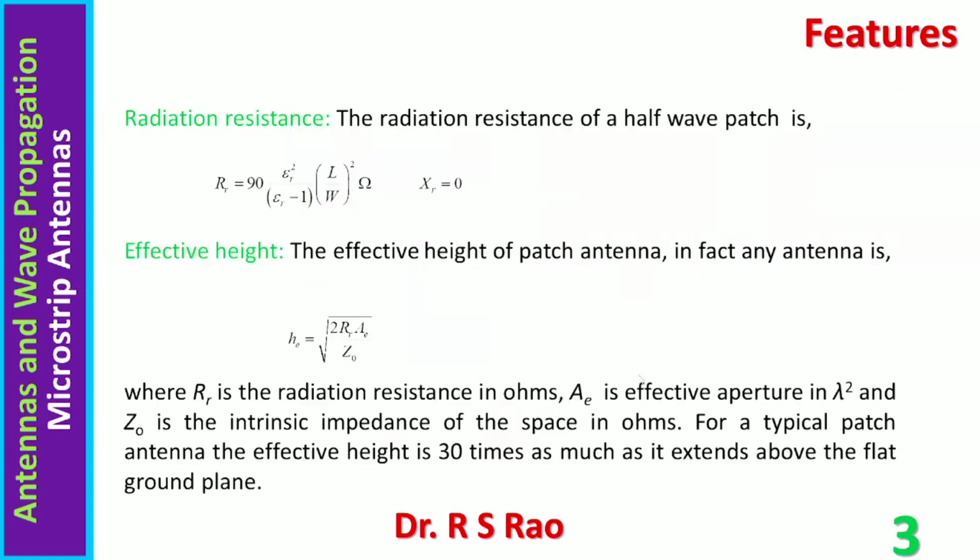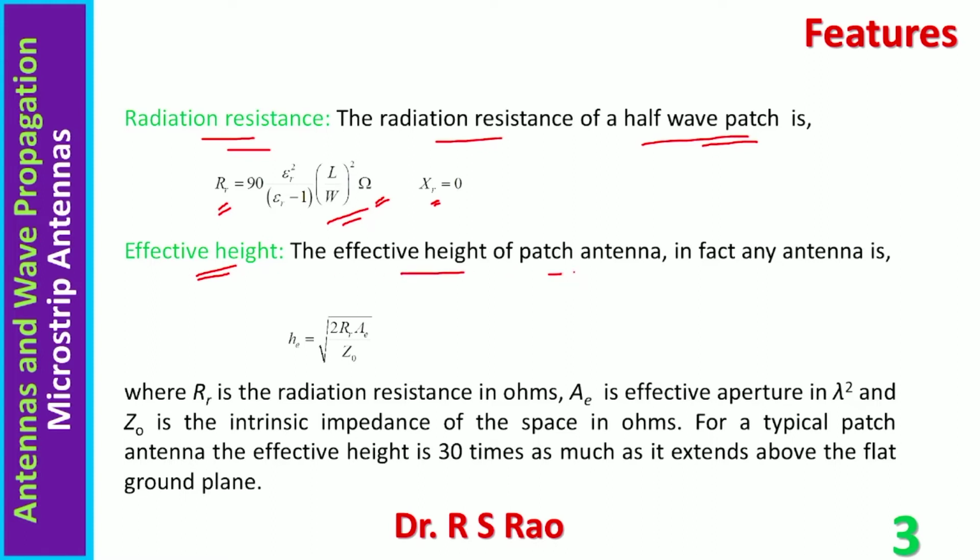Now, let us move further. Radiation resistance. The radiation resistance of a half wave patch is given by this formula: 90 multiplied by epsilon r square by (epsilon r minus 1), L over W square ohms. This is the radiation resistance. Reactance XR is 0. Another feature parameter is effective height.